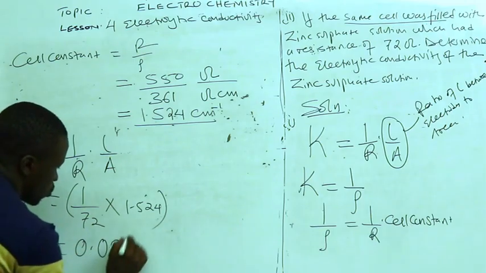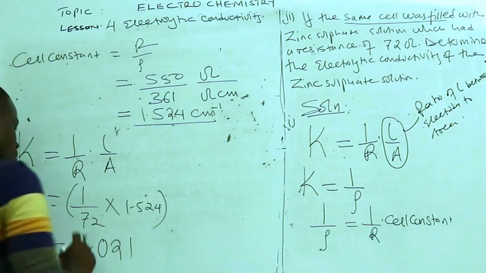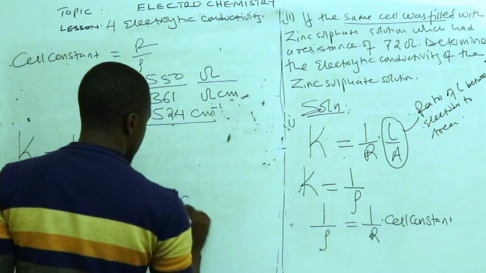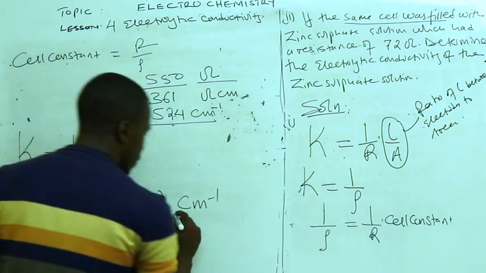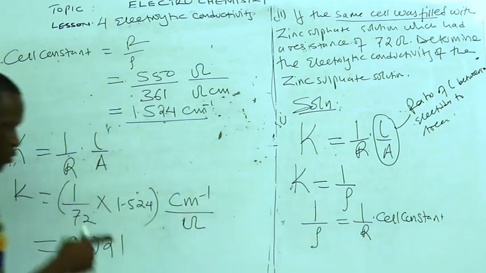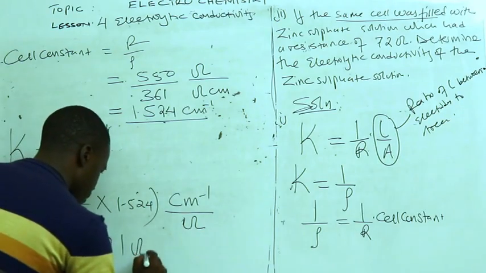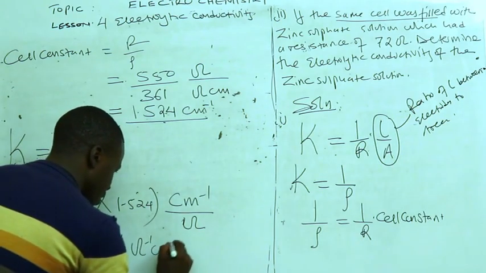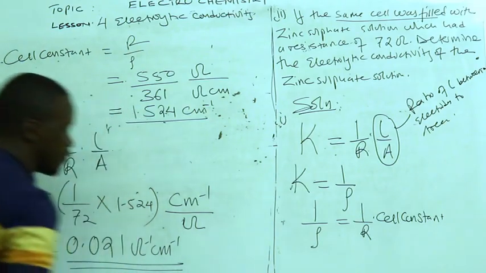And what are the units? The units for cell constant is per centimeter, but the units for resistance is ohm. So when you write this on the same line, it will be per ohm per centimeter, which are the units of conductivity.